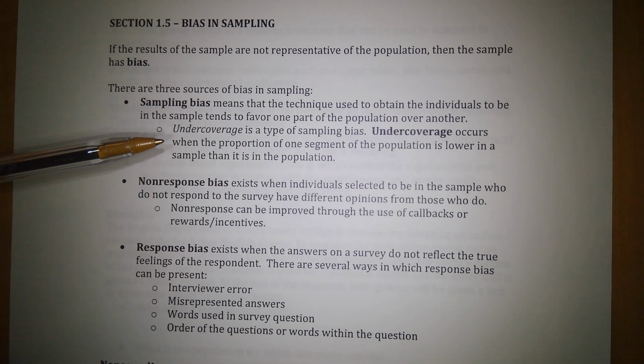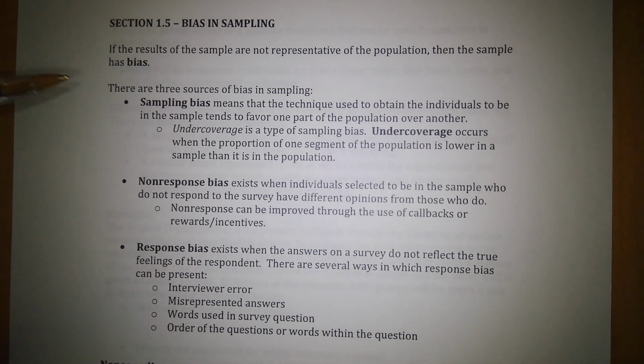You'll find that you'll have undercoverage within a sampling bias, and that occurs when the proportion of one segment of the population is lower in the sample than in another. You want to try to get the coverage the same for all different types of groups.